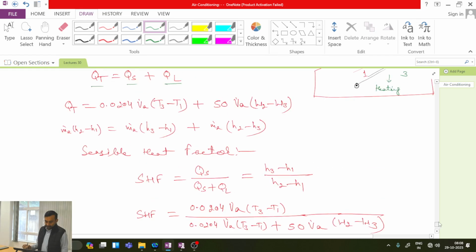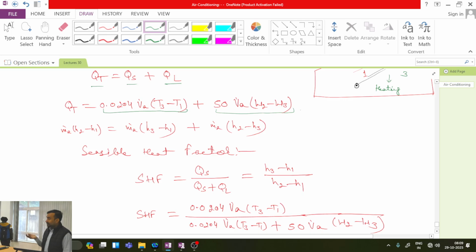Now from the previous approximate equations, why am I calling these approximate equations? Because we have made certain assumptions, that 1.88 is negligible, and many other small assumptions we have made while we have come to these equations. So that's why these are nothing but approximate equations. The approximate equation for the sensible portion will be 0.0204 V̇A into (T3 minus T1), and for the latent load it will be 50 V̇A into (W2 minus W3).